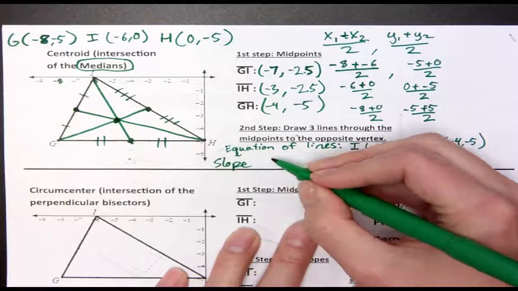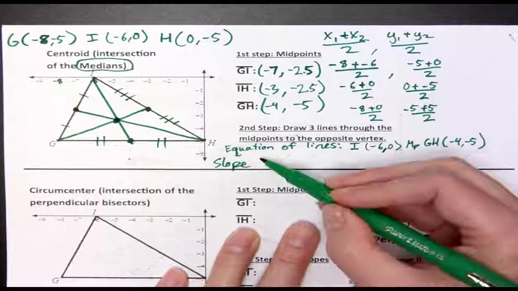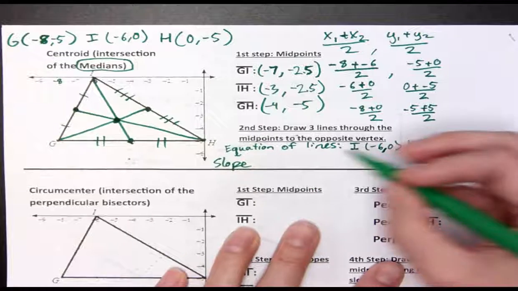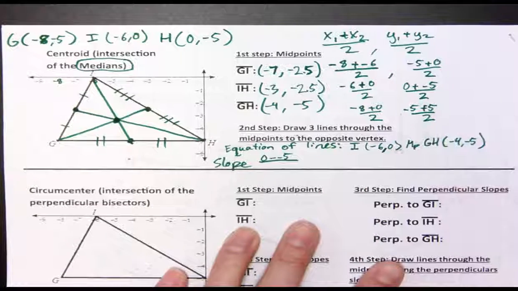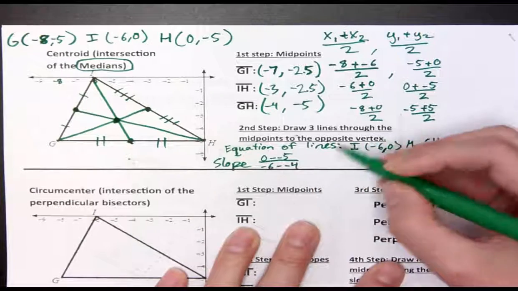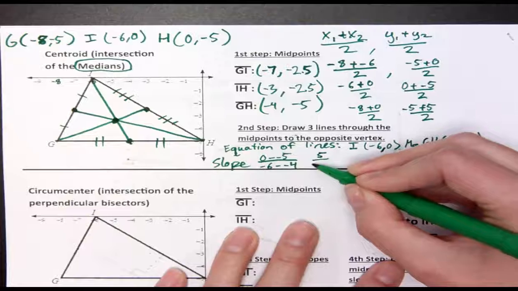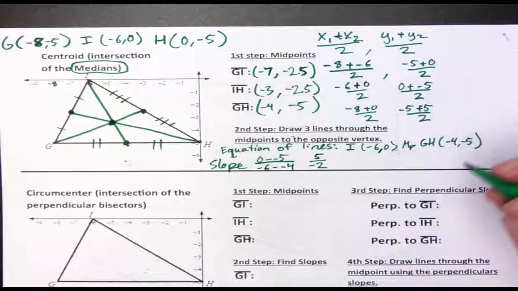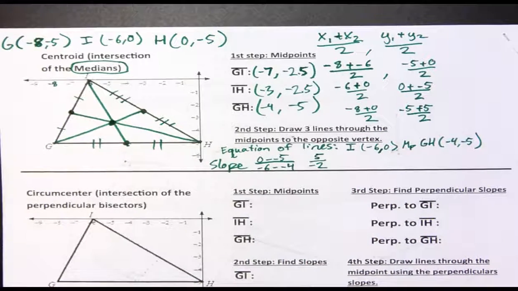So y2 minus y1 over x2 minus x1, so it becomes 0 minus -5 over -6 minus -4. So it becomes 5 over -2, or if you put your other points first, it becomes -5 over 2. So my slope is -5 halves, right? Or I could convert it into -2.5.